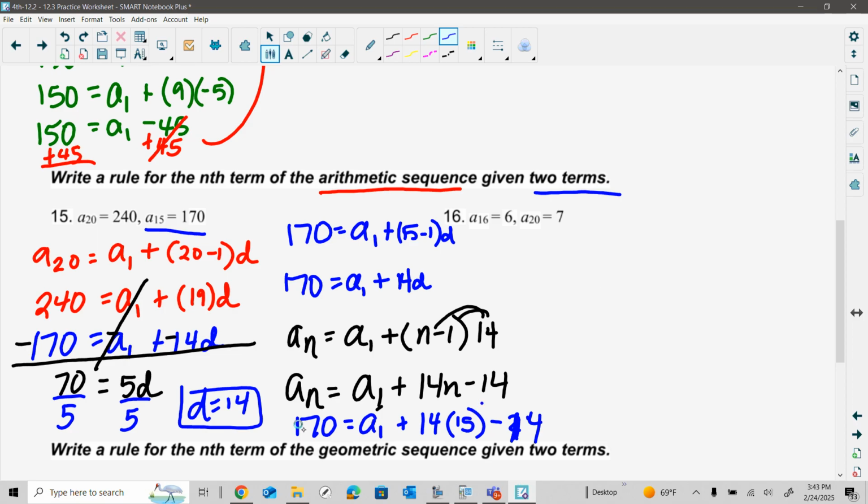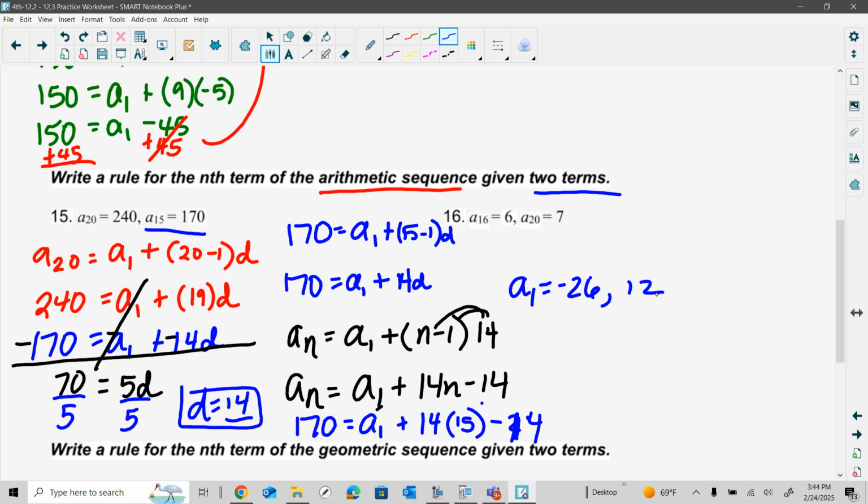And I'm going to subtract that from the 170, which is negative 26, which means a sub 1 equals negative 26. So that's the first term. And then because I found out the d is adding 14 each time, I can just add 14 to that. And that will give me the next term, which is 12.